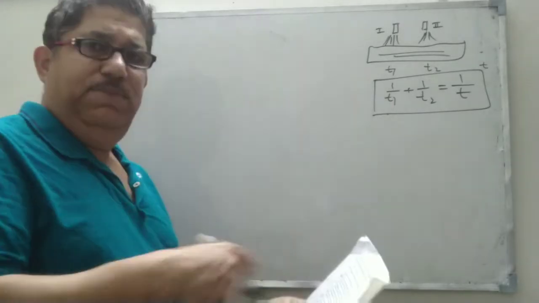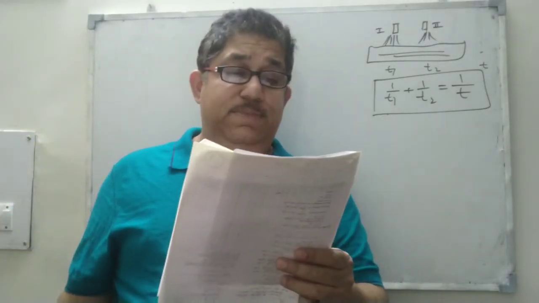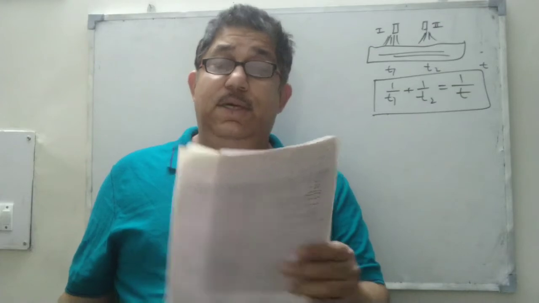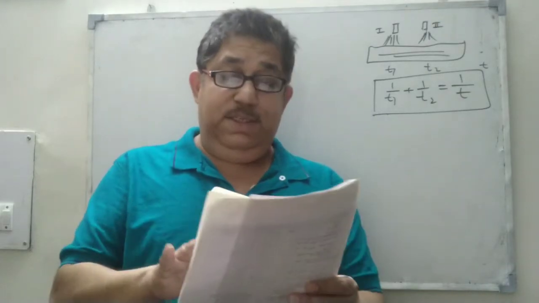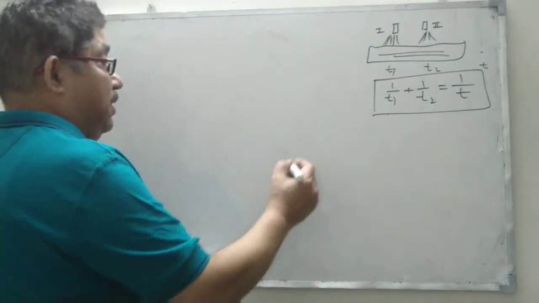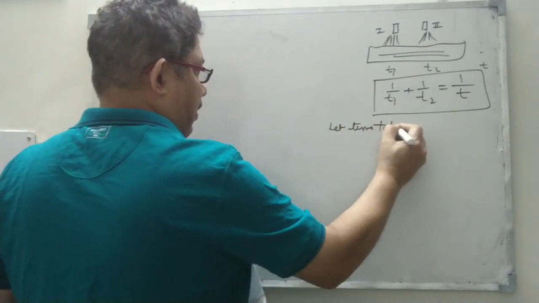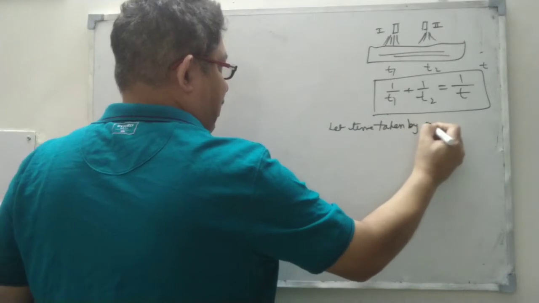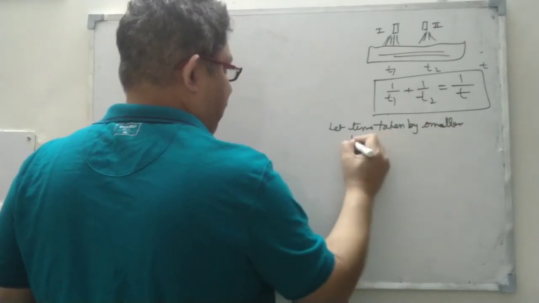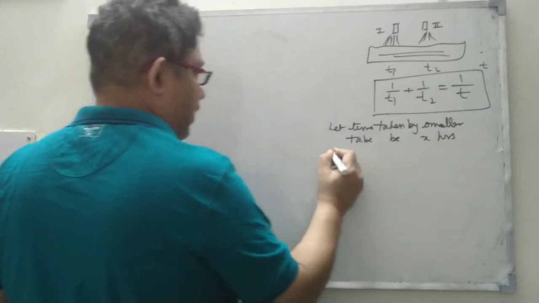Now let's see what has been told in the question. This is the rule, and now what is the question like? I don't know the smaller, but it says the larger takes 10 hours less. So let the time taken by the smaller tap be X hours.